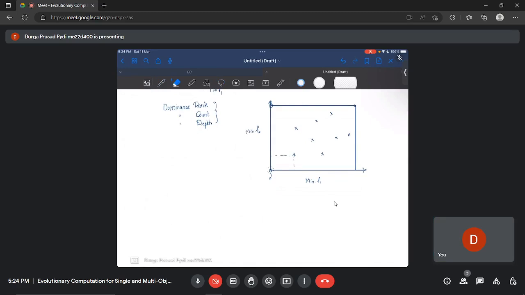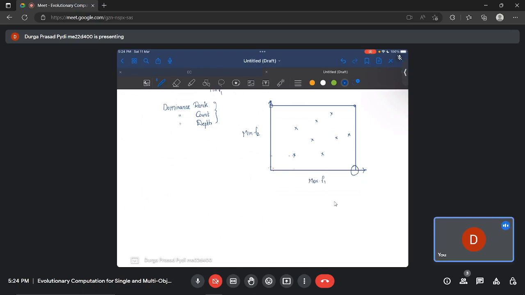Now suppose the second case is minimum F2, maximum F1. In this particular case, instead of the bottom left, your optimal solutions will be somewhere here, right? You want to minimize F2 and maximize F1. Maximum of F1 occurs towards the right, while minimum of F2 occurs towards the bottom.